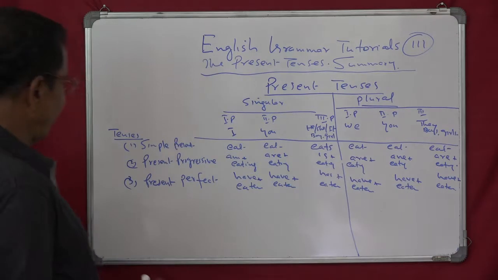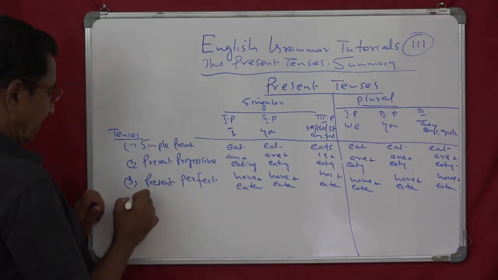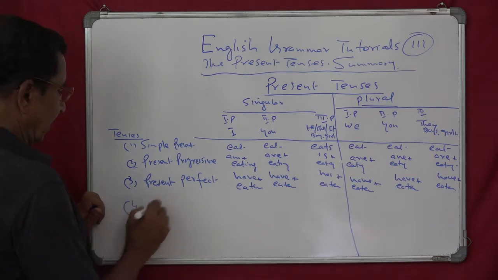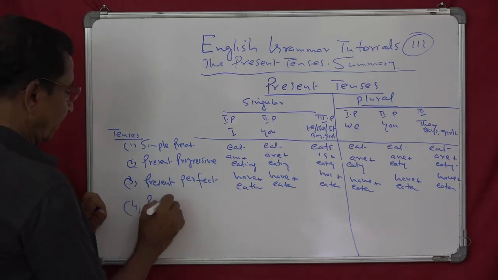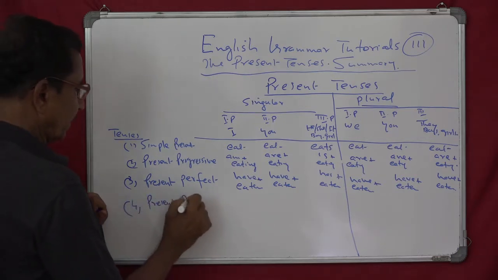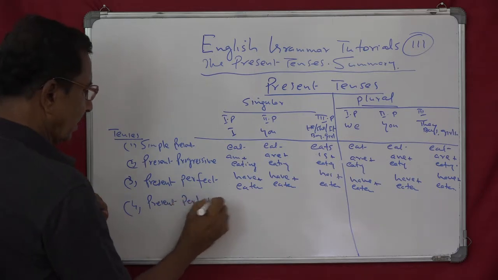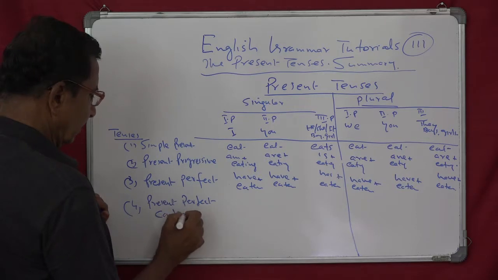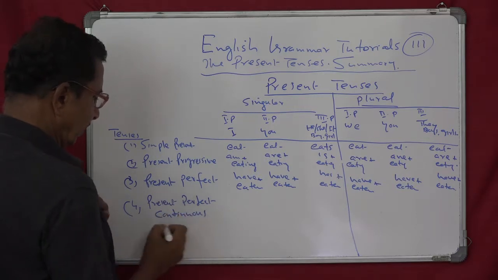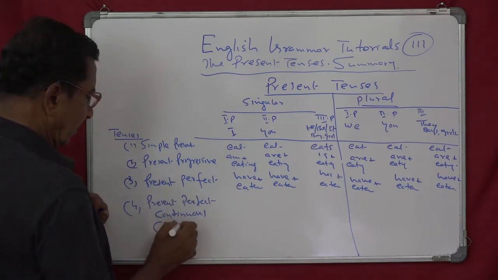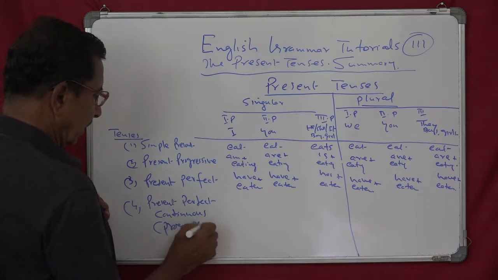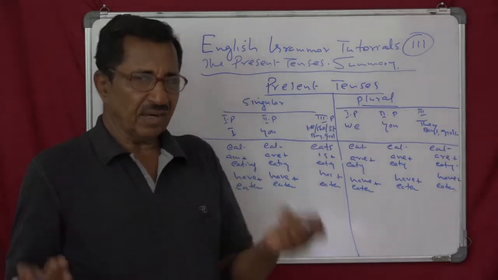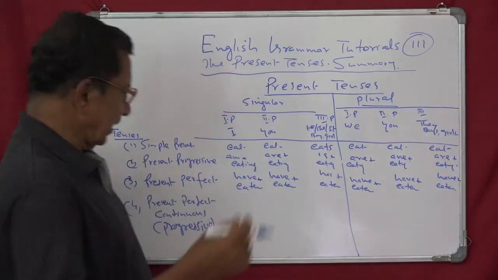Understand? Now what is the fourth tense? Present perfect continuous, or progressive. In brackets you can write progressive, because in some books you will find progressive. The action continues, that is the aspect.